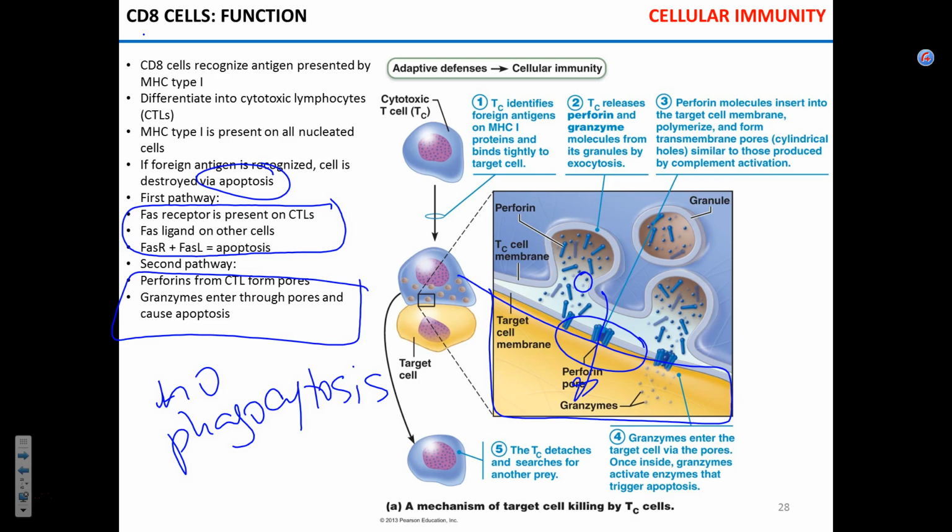These Fas-ligand, Fas-receptor, and perforin granzyme mechanisms, do they look familiar? Which cells use them? Do you remember? Some innate immune cells. Something natural to them. I'm giving you a hint.